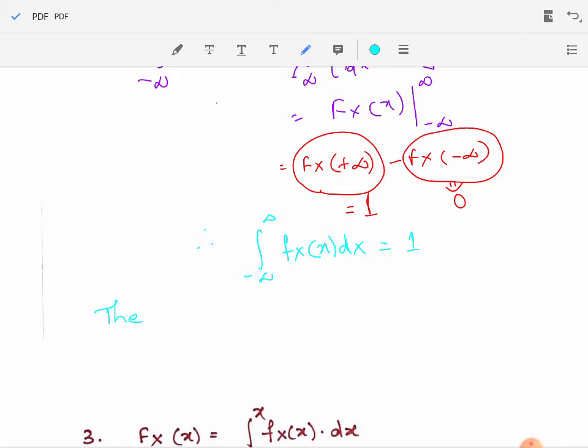So the same proof that we have seen for this second property, you can write down. It states that the total area under the PDF curve is unity.